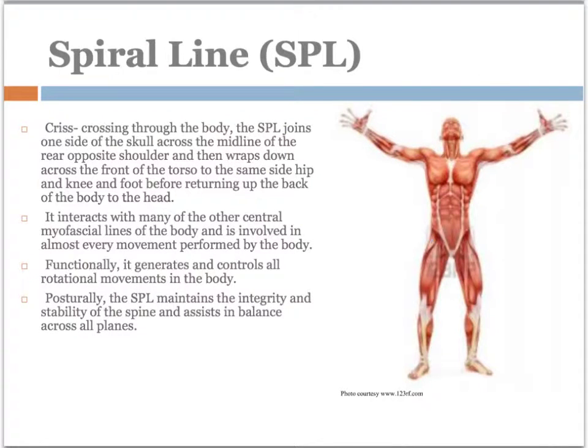The spiral line. The spiral line creates a loop around the body, joining each side of the skull across the upper back to the opposite shoulder, and then comes underneath the armpit to crisscross the rib cage at about the height of the navel, and then comes down towards the hip, the knee, and then crosses in front of the shin to loop underneath the foot so that it can start its journey back up the back of the body, where it continues up towards the ischium, up through the erector spinae, which you can't see here, towards the back of the skull.